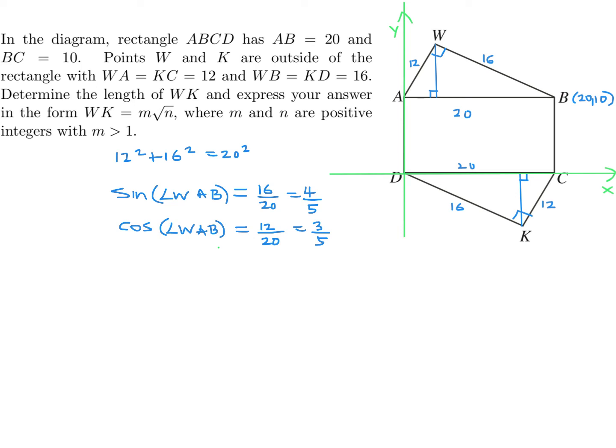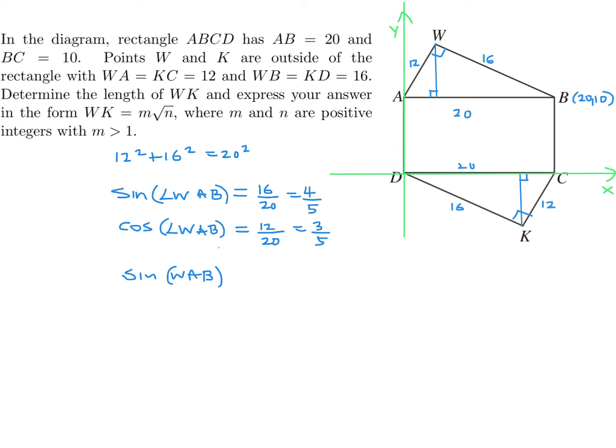So this will be beneficial in figuring out this point right here in terms of a coordinate, because the sine of WAB, that angle, we can also look at it from the perspective of this little triangle right here, that one.